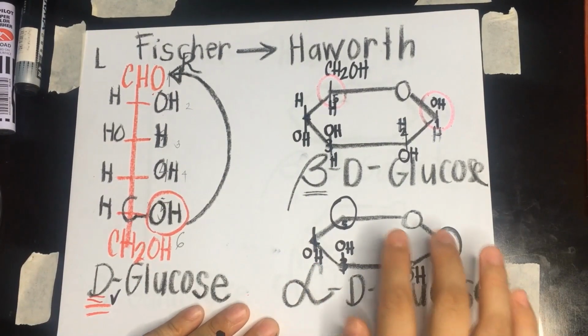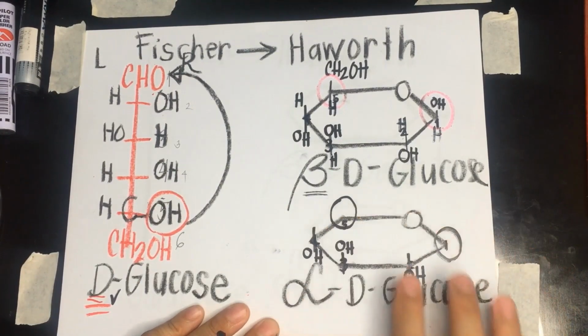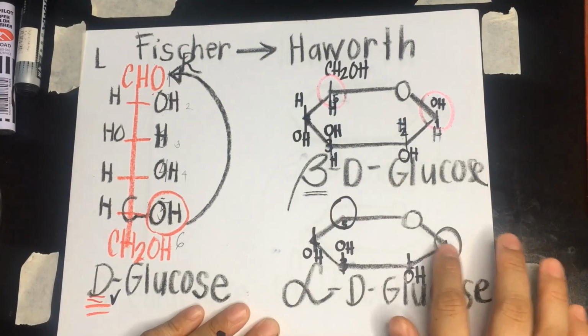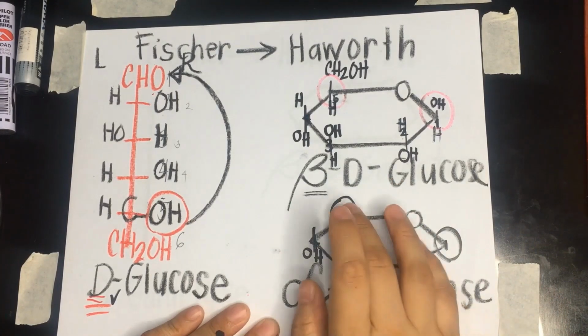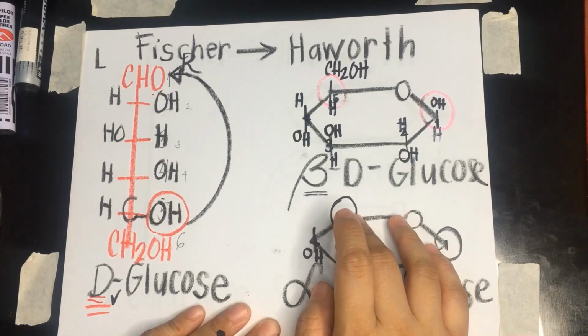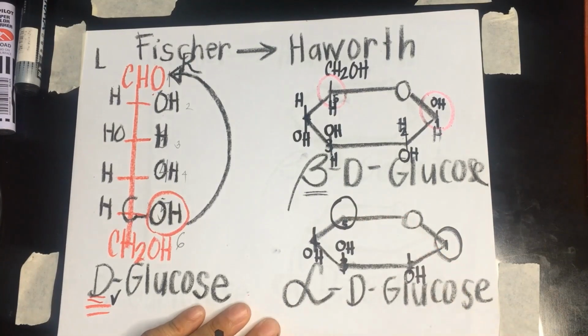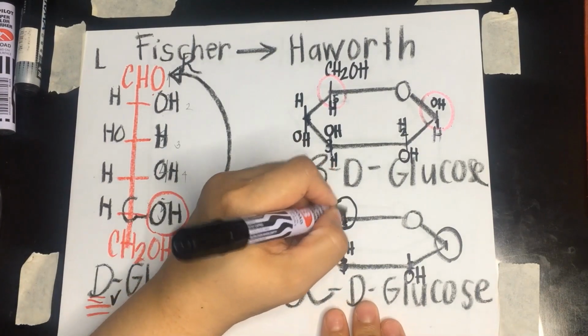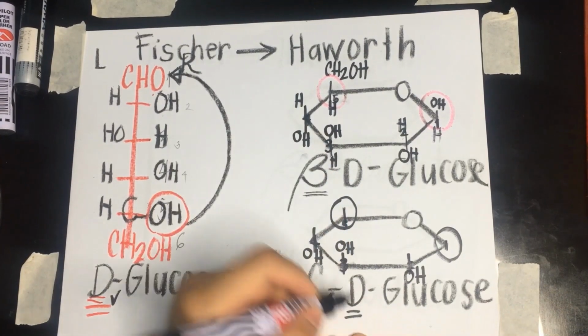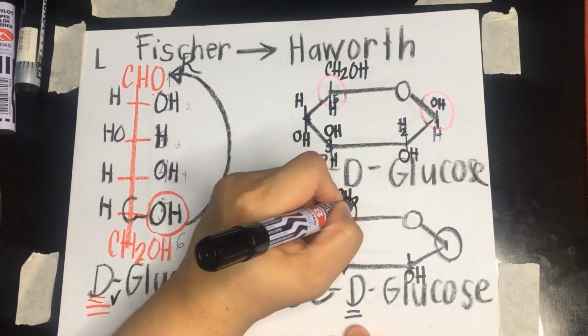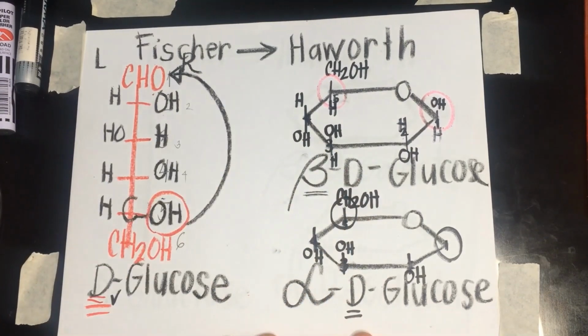Next, we now proceed with the circles, the ones that we did not answer. Okay? So, for the last carbon atom, we are going to determine if it is in D notation. Then, we are going to place the CH2OH on top. This is in D notation, so we will put it on top. Next, the second one, if it is alpha or beta. So, this one is alpha.